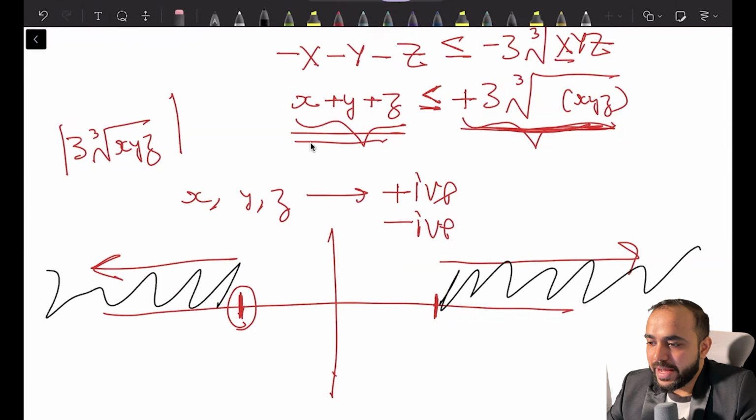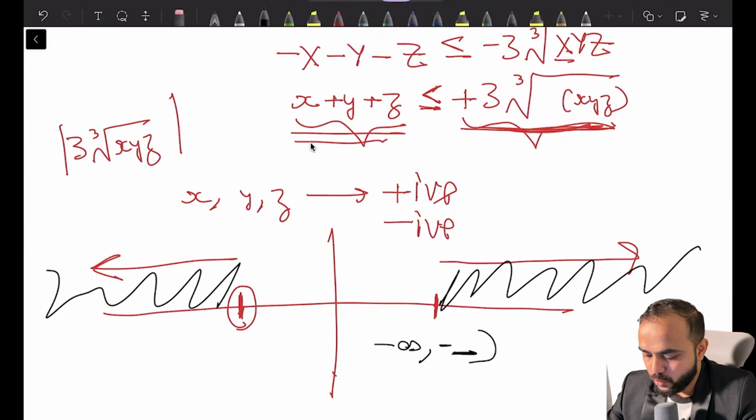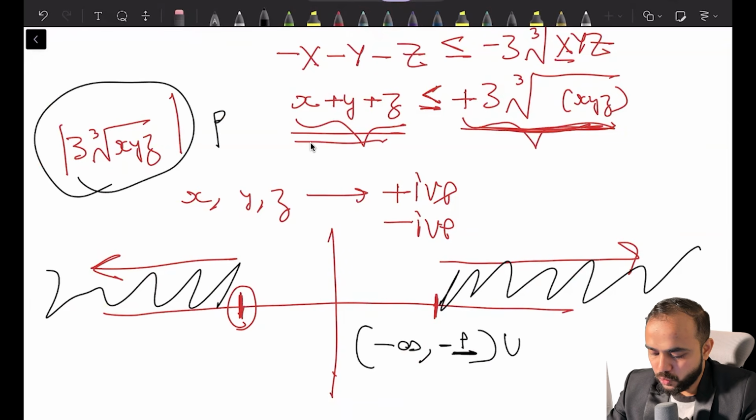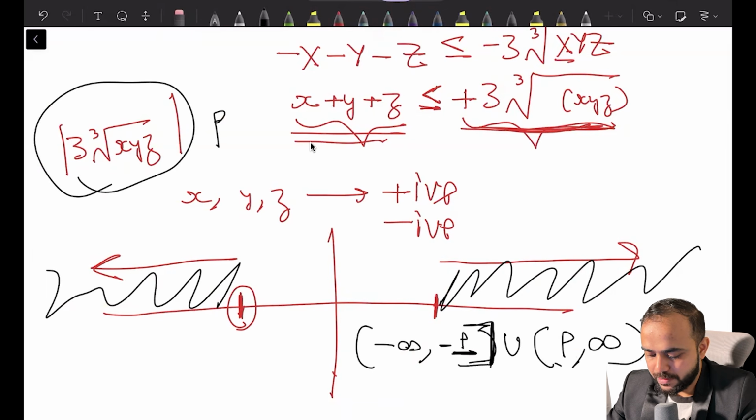So your range of x plus y plus z would become something like minus infinity to minus some value, let's call this value p, minus p union p to infinity, and you will put a square bracket here. If one is positive and the second is negative, then you cannot use AMGM inequality. Then you cannot conclusively write any particular solution. So is the approach clear?